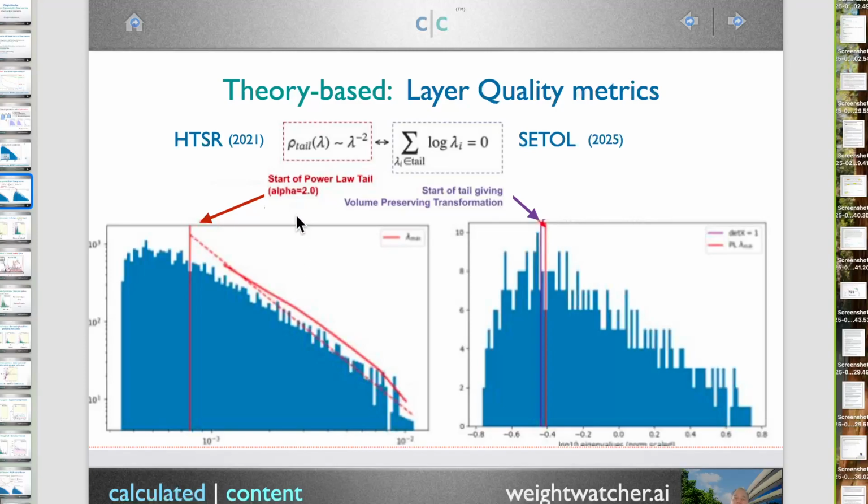This is what I've proven recently using something called renormalization group theory. It turns out this is associated with the start of a volume preserving or scale preserving transformation. So the sum of the log of the eigenvalues is 0. This is called the trace log condition, and it's described in the new paper. And it turns out that these two conditions appear empirically to be related.